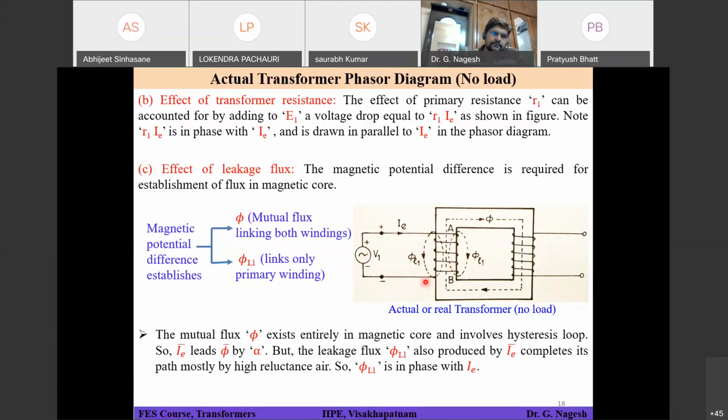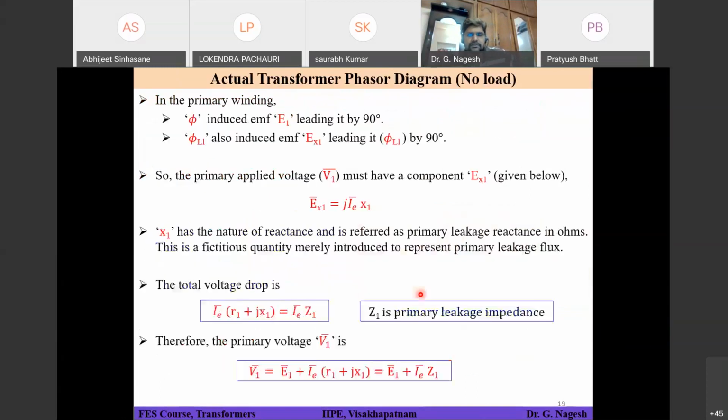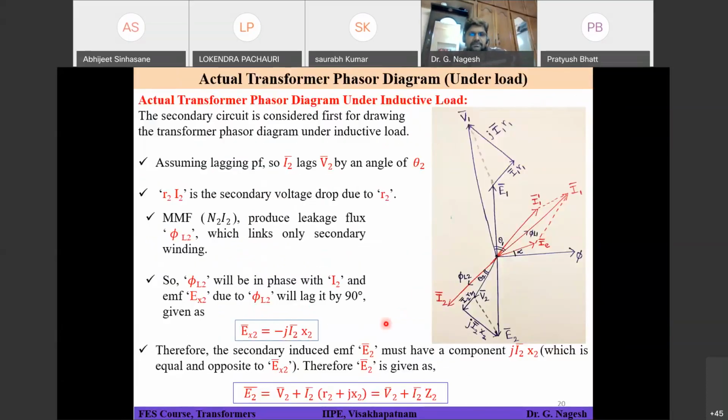Just as resistance offers very high reluctance to flow of current, similarly air offers very high reluctance to flow of flux. It is analogous to resistance. That's why phi L1 will be in phase with I1 and phi L2 will also be in phase with I2.